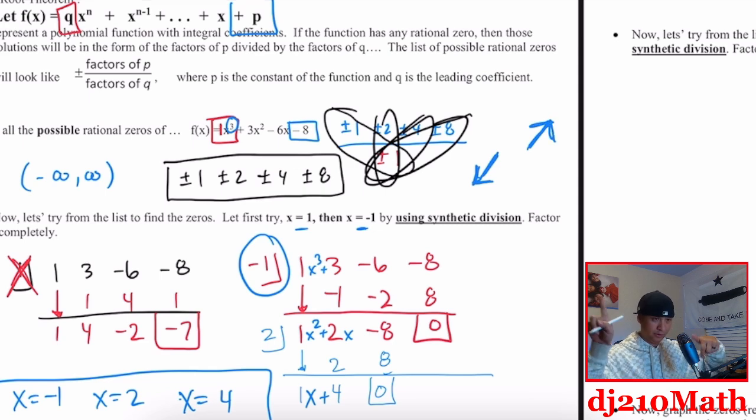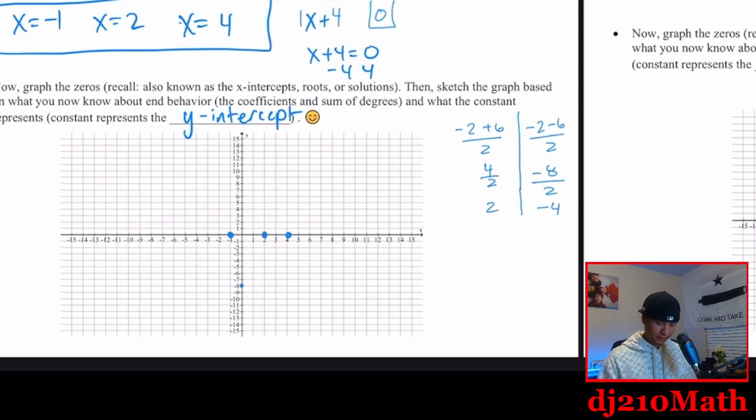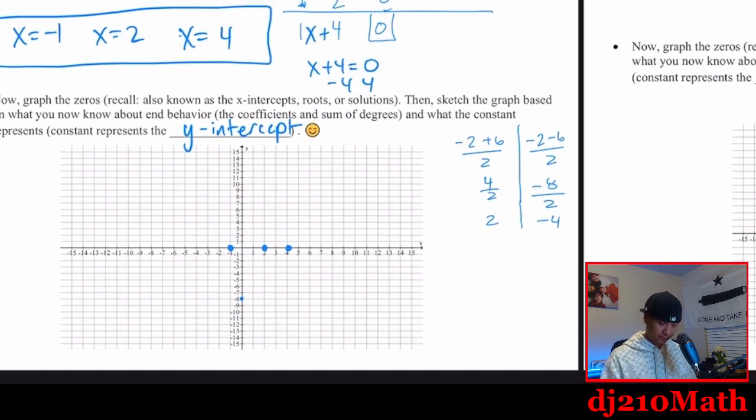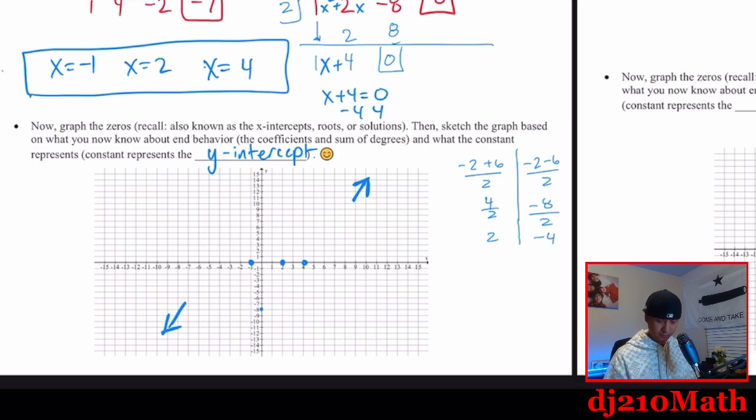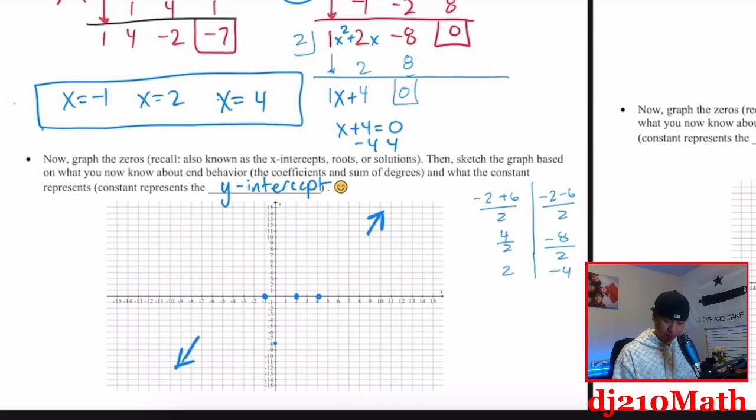That's what the ends do, right? So that means it's going to start somewhere down here and then end somewhere up here. All right, so this is supposed to be -4. My bad, -4.